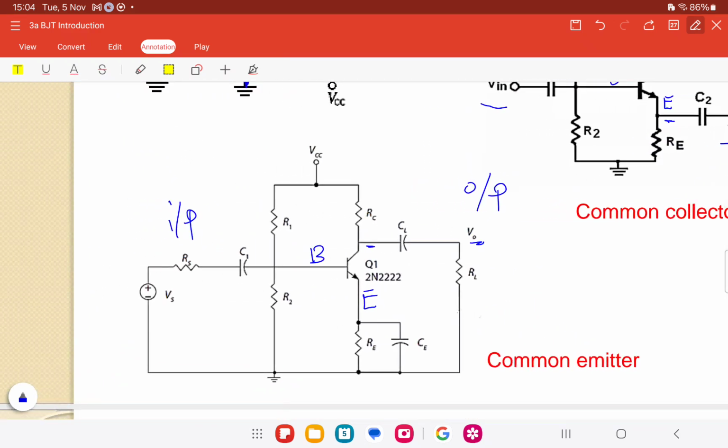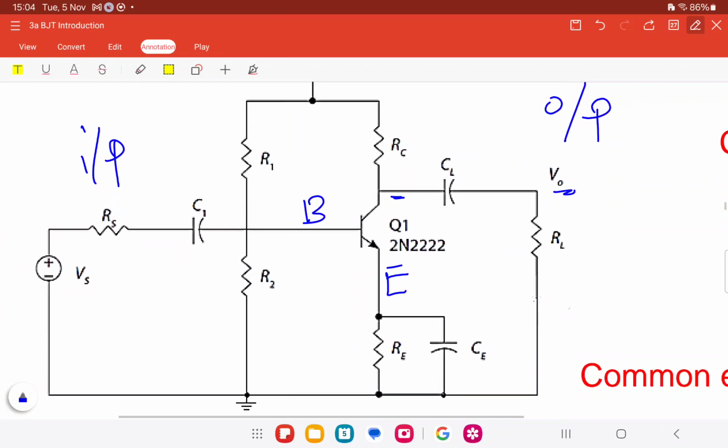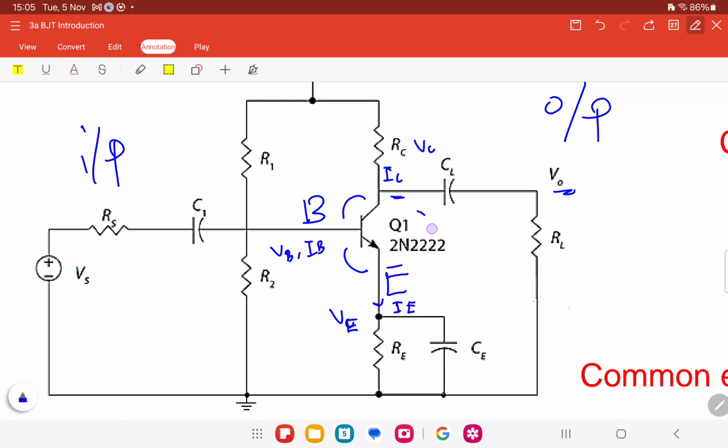So tu yang penting kena tahu which one ada. Contoh kita tengok yang ni. So ini E, so we will have IE. So we ada VC, VE. Kat atas ada IC, VC. This one IB, VB. Okay, and in between step 1 ni ada voltage dia juga.